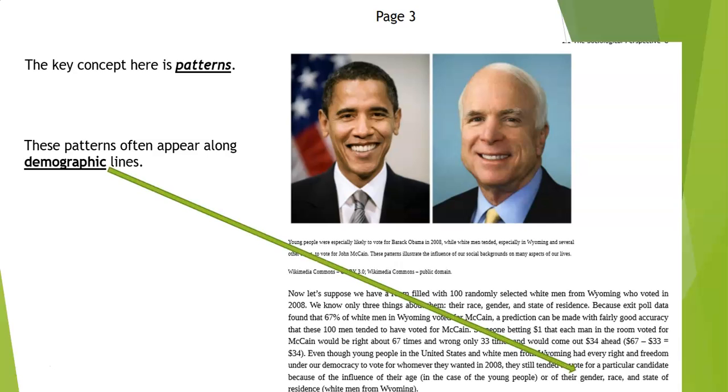When we're talking about demographic lines, we're talking about descriptions of a given population, right? Its age, gender, race, the types of jobs they do, anything that you can use to describe an entire population. That's the entire group of people that live in a city, within a state, within one country, within one community.